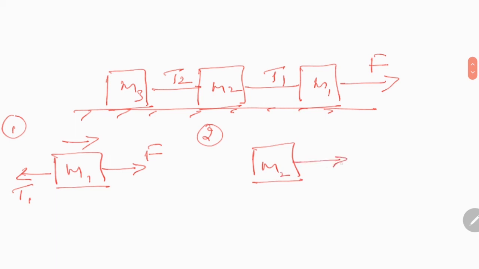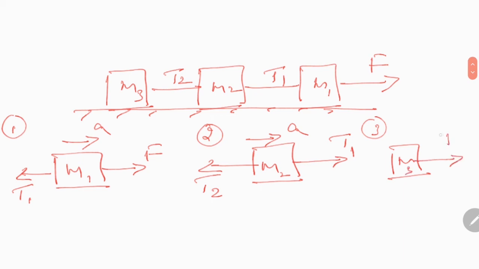It is being pulled forward by T1, and on the other side it is pulled in the other direction with T2, and the body is moving forward again with A. And in the third case, for our M3, you just have a forward force which is T2, and the body is moving forward with acceleration A.